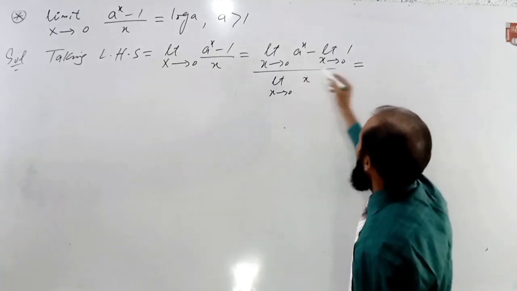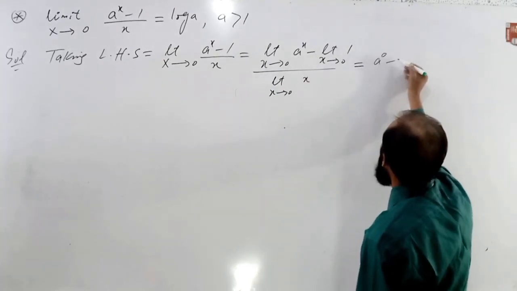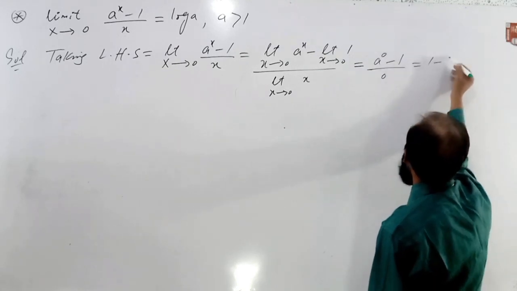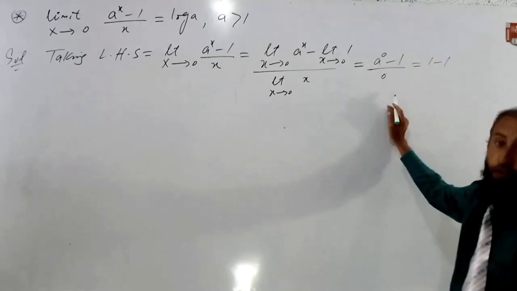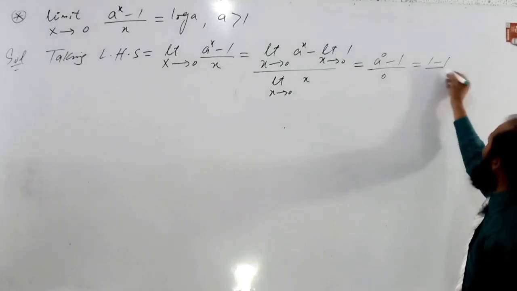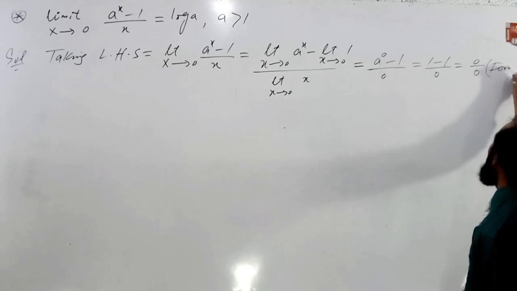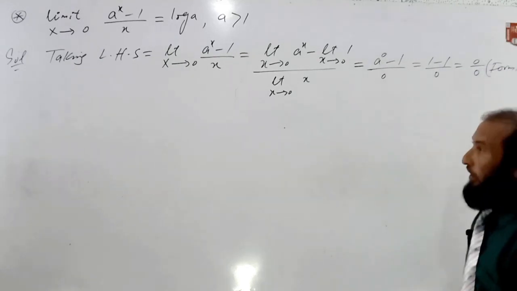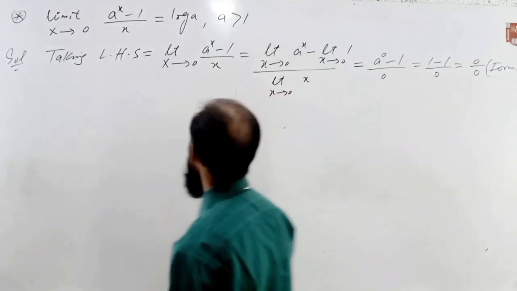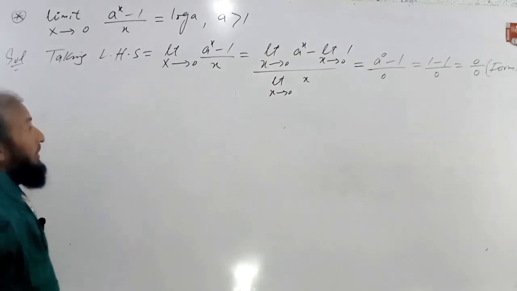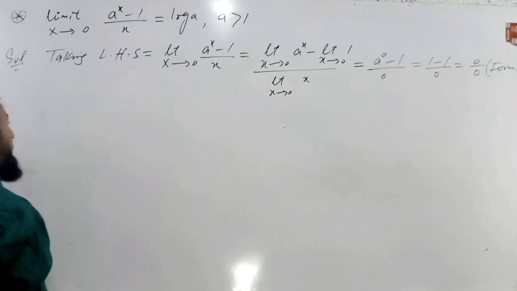So here if we put a power 0 minus 1 and here we put 0: 1 minus 1, anything raised to the power 0 we will get 1. So we get 0 divided by 0 form. This is an undefined case. So we are using some substitution method, factorization method, rationalization method.